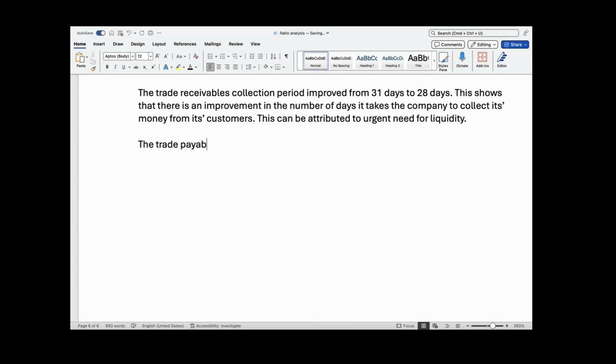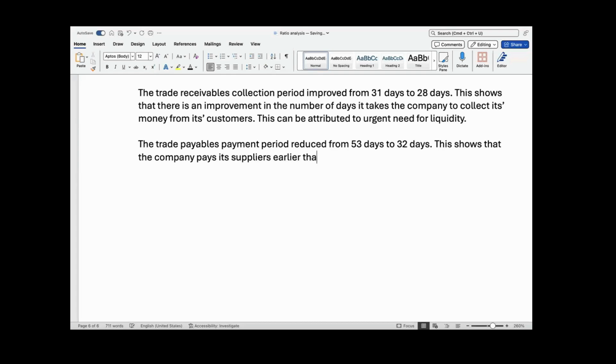The trade payables payment period reduced from 53 days to 32 days. This shows that the company pays its suppliers earlier than previous years.